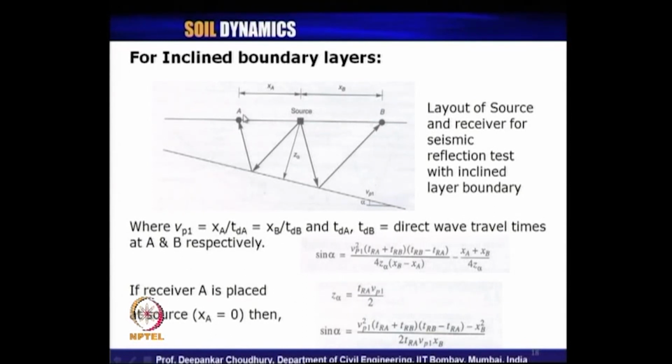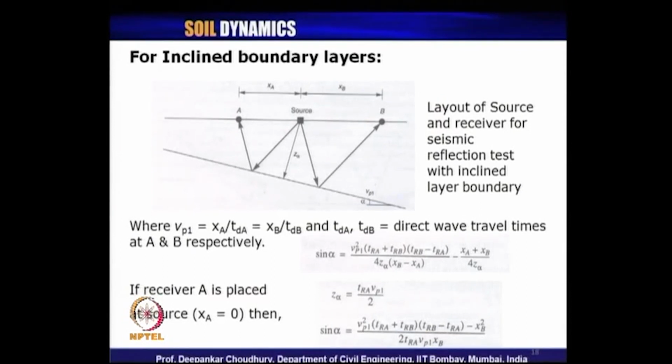And if receiver A is placed at the source, then x A is 0, and then the equation for sin alpha can be expressed like this, which on simplification will give us this expression. In this case also, we can plot the travel time curve, that is time versus distance, for two cases, and at one place they will meet each other.